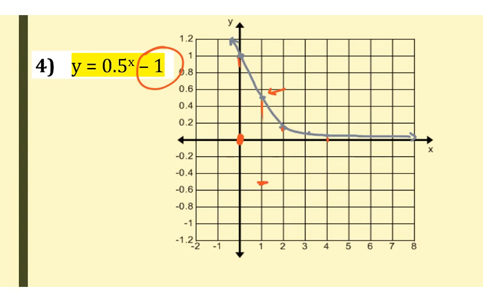And instead of being at 0.25, I'm going to go down 1, so it's at negative 0.75. So it's going to be looking like that. And so that's how I can do that. So the red part, that's going to be my final picture of the graph.